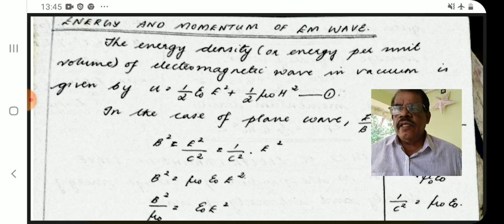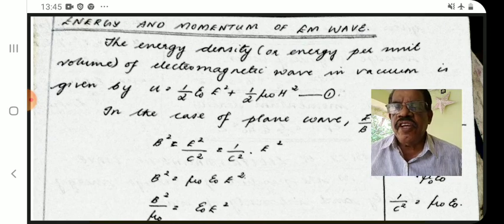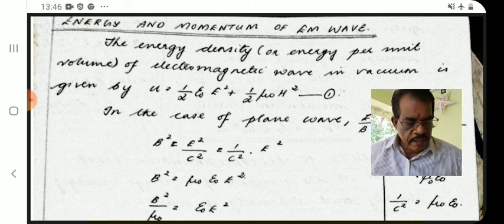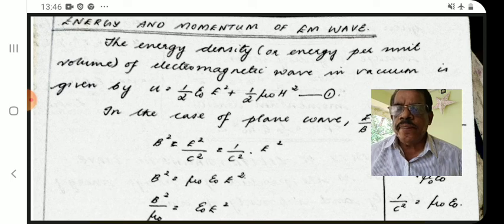Now we can see energy and momentum of electromagnetic wave. The energy density is energy per unit volume.